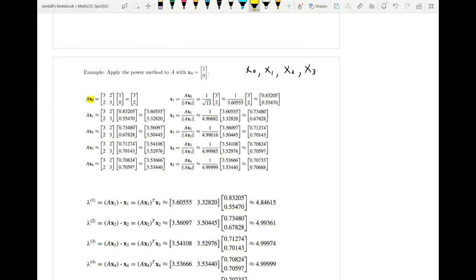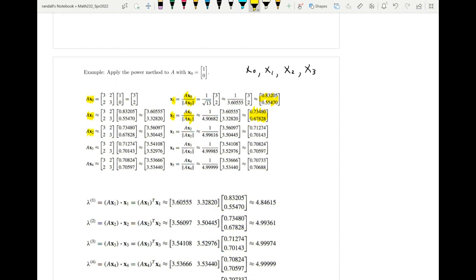So A x naught here, and then the first vector x1 is the normalized vector, which is what we did above, okay? And then to get the next vector x2, you have to multiply this x1 by A, and then normalize it. So here we are now. And this is our next approximation to the dominant eigenvalue, and you continue.